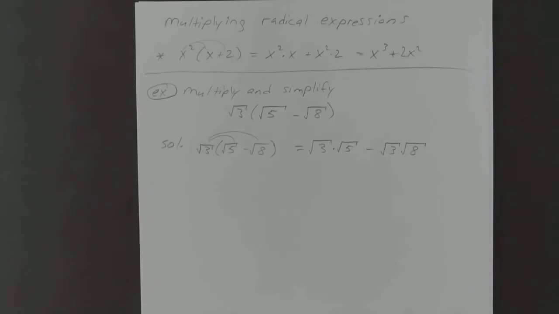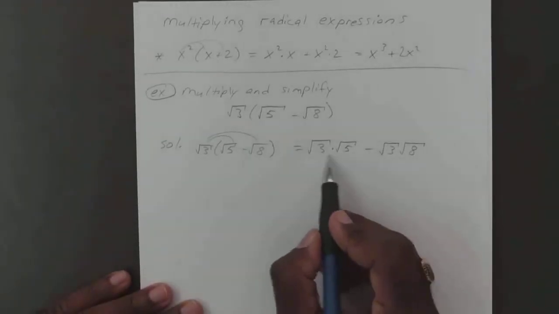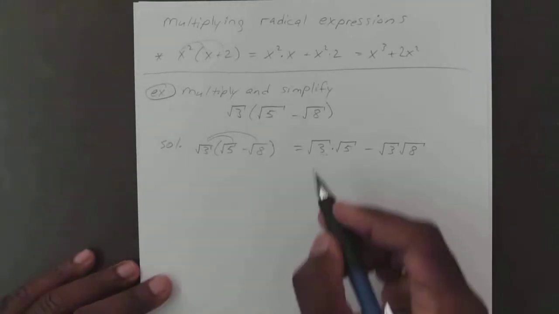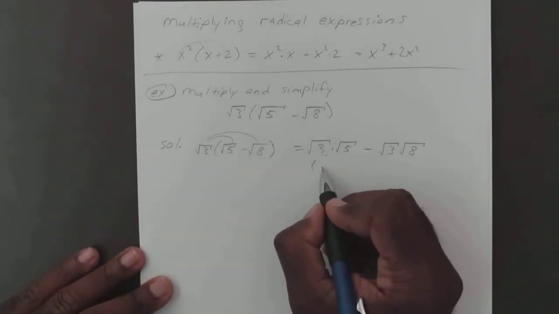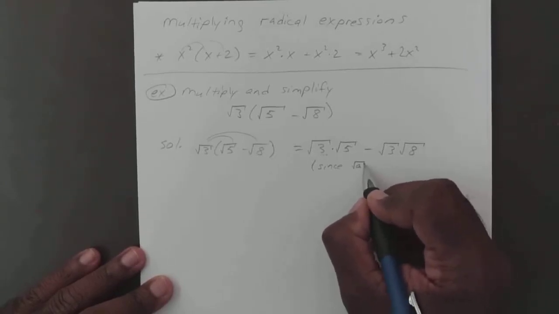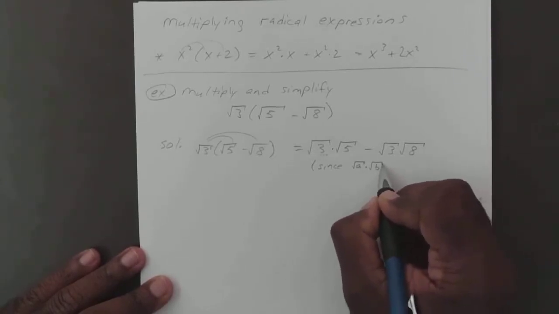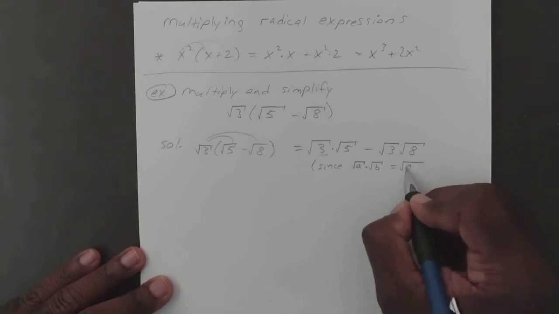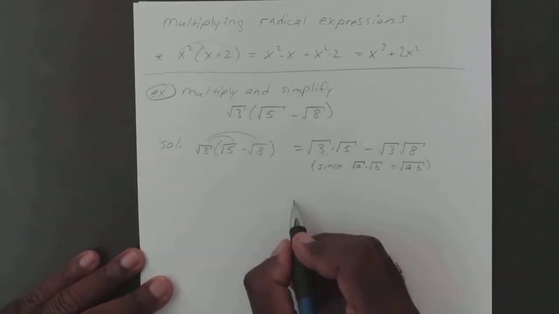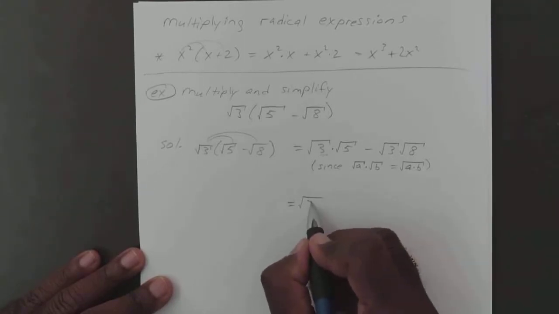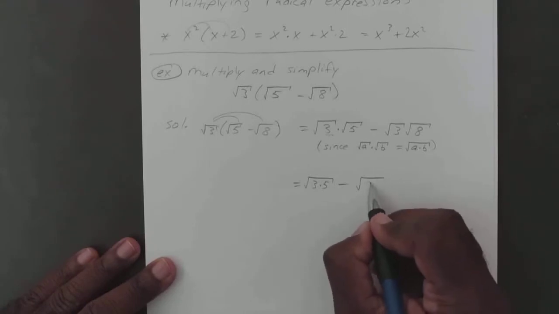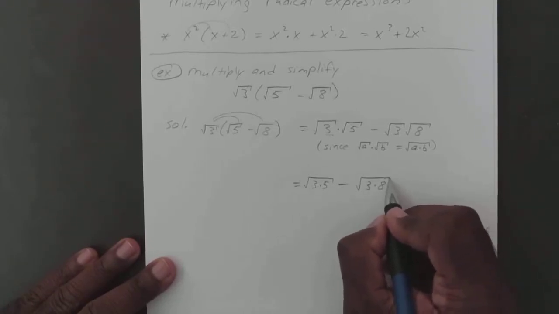But remember, whenever you have them multiplied, you can combine them the same way you can separate them. Since square root of a times square root of b equals square root of a times b, we can just make this square root of 3 times 5 minus square root of 3 times 8.